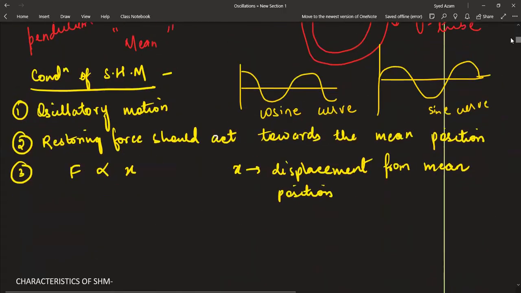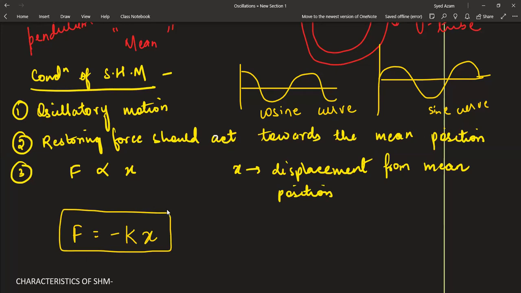And this restoring force is directly proportional to the displacement from mean position. So there's a constant that we write. Constant is K. And why are we putting a minus sign? Because we know that the restoring force will always be directed towards the mean position.